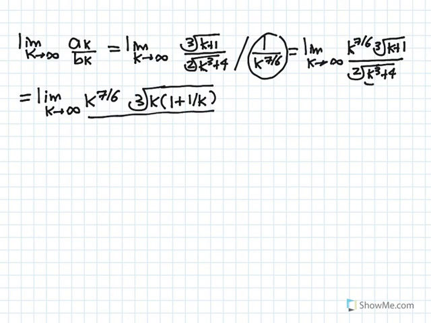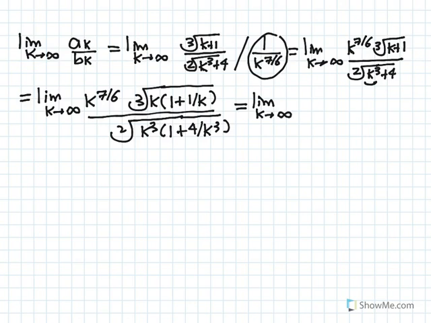We're going to factor out k cubed inside the radical: second root of k cubed times 1 plus 4 divided by k cubed. That's going to give us limit as k approaches infinity of k to the 7/6. And now you see why we factored out k.